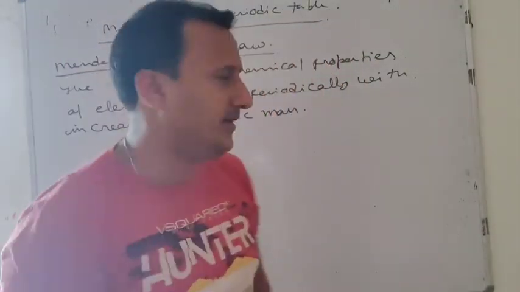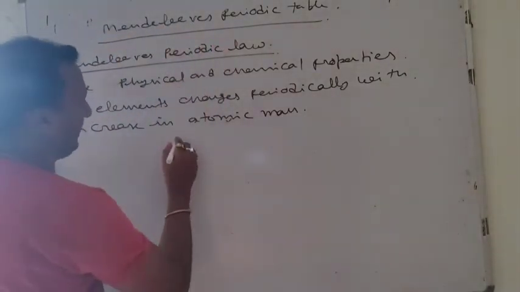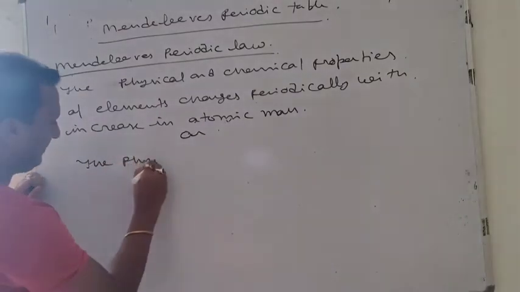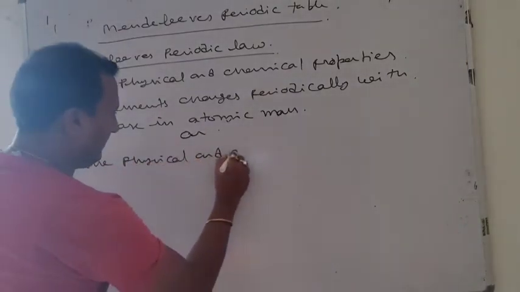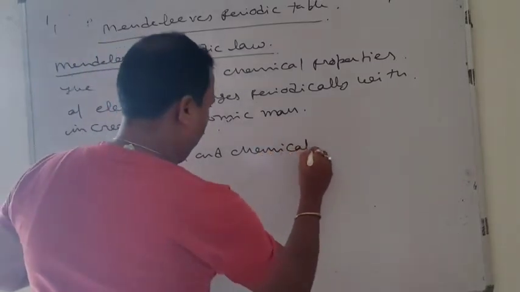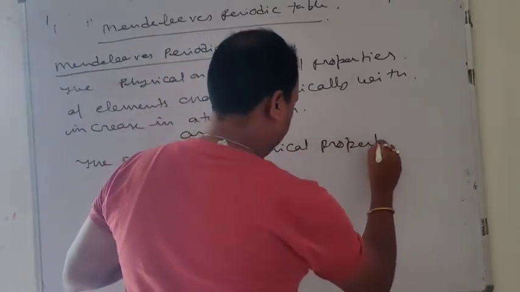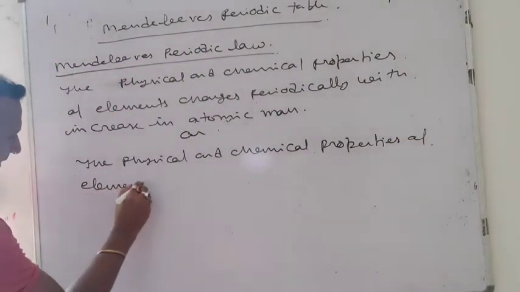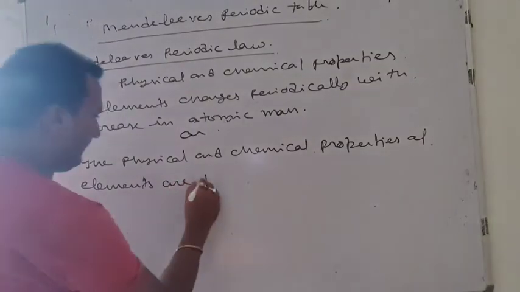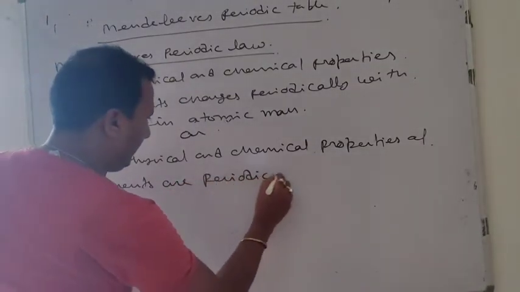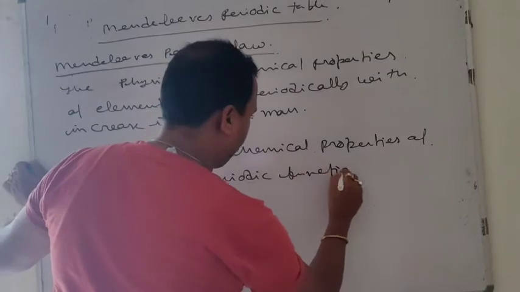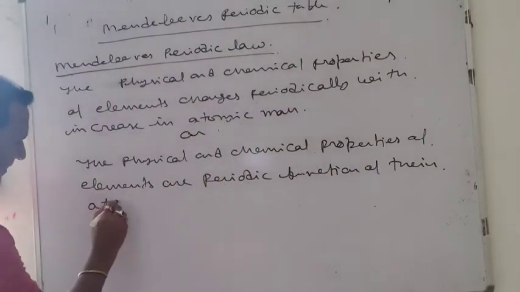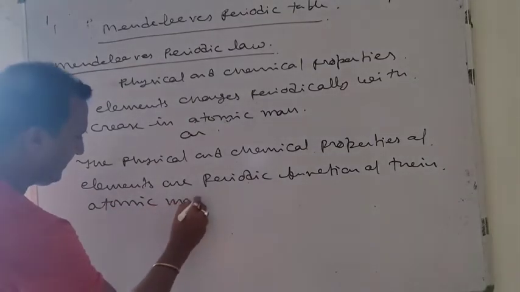Or another definition you can give, Mendeleev's periodic law: the physical and chemical properties of elements are a periodic function of their atomic masses.